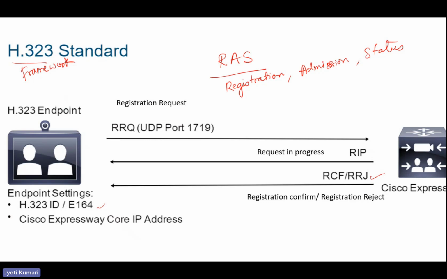On Expressway, you have to enable H.323 mode, which we just saw, just have to enable H.323 on to accept the registration request. Otherwise, it will not accept the registration request. That is the case where you might get a registration reject message from the Expressway.